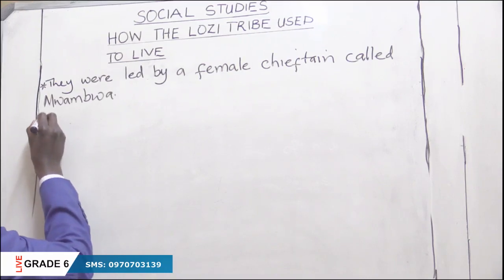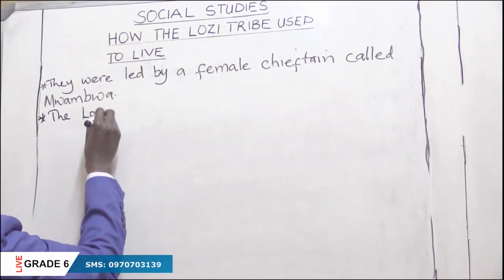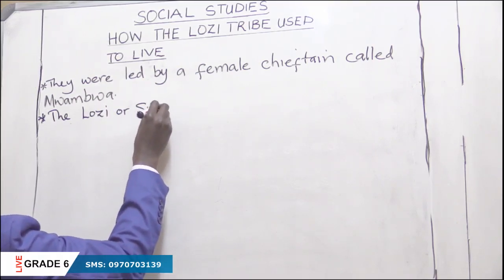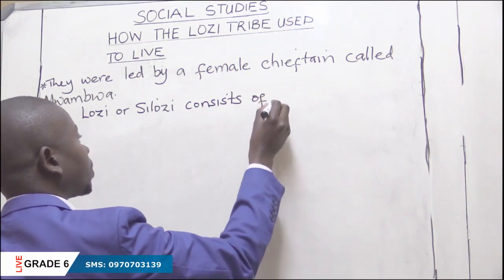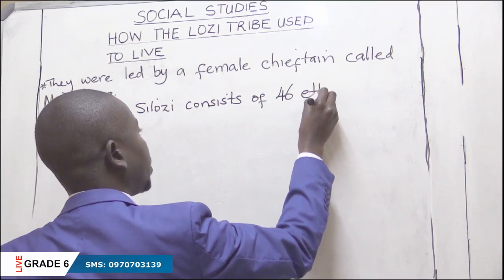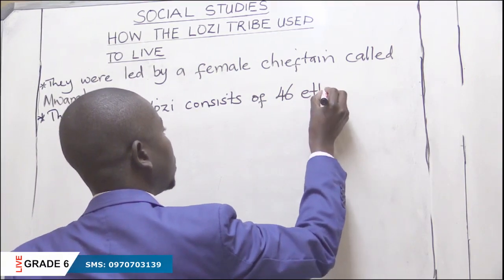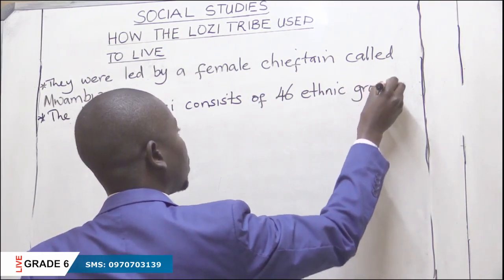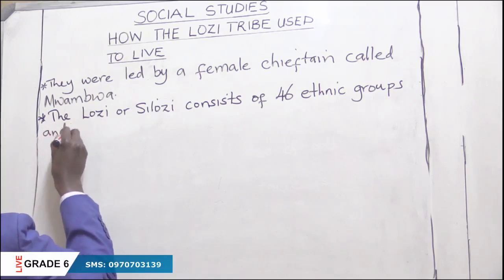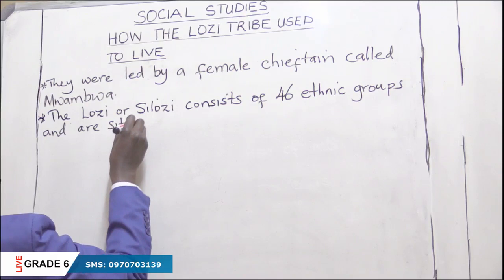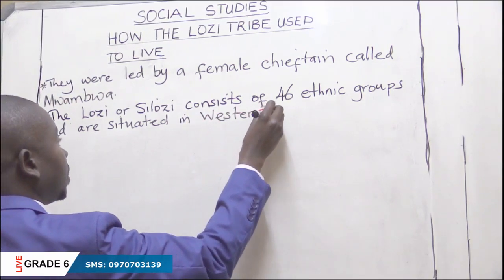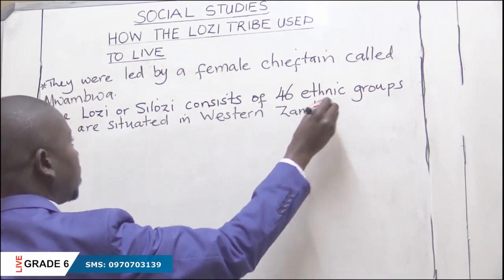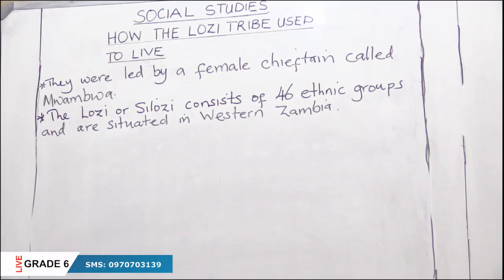So the Lozi or Silozi consist of 46 ethnic groups and are situated in western Zambia.